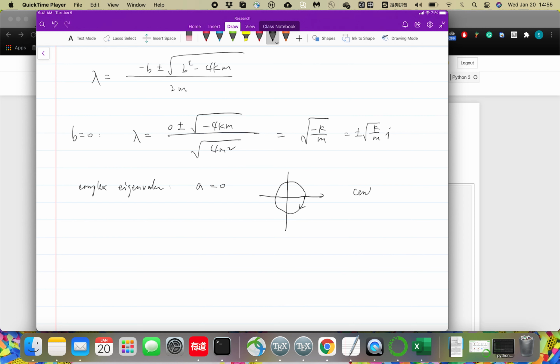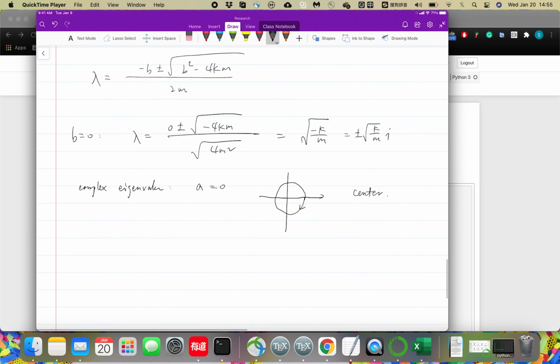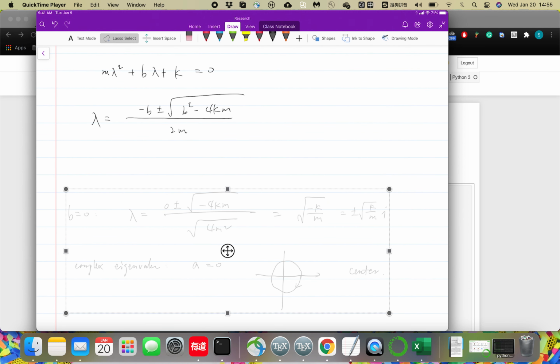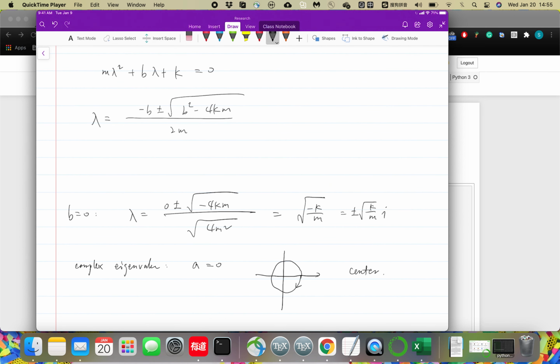Center. You go back and forth forever. You do not reduce to 0, 0 or generate to infinity. In this case, we give it a name. We call it undamped. Now you can see everything stay connected. That's the case, first case.